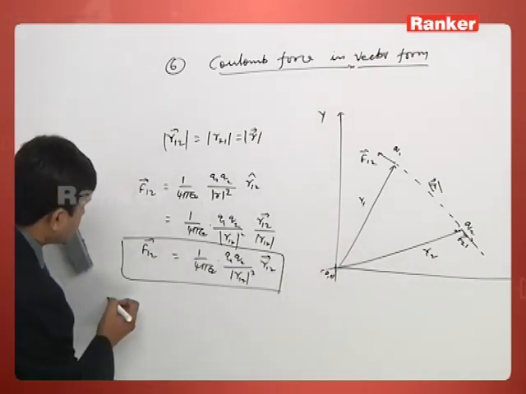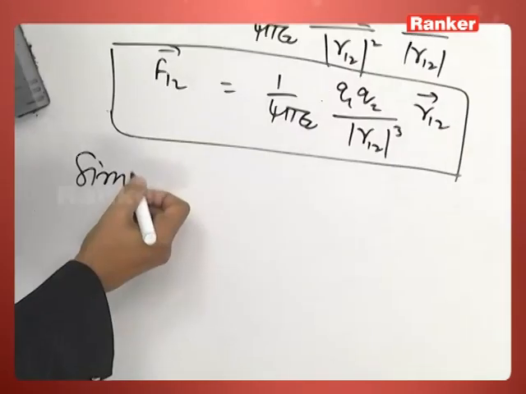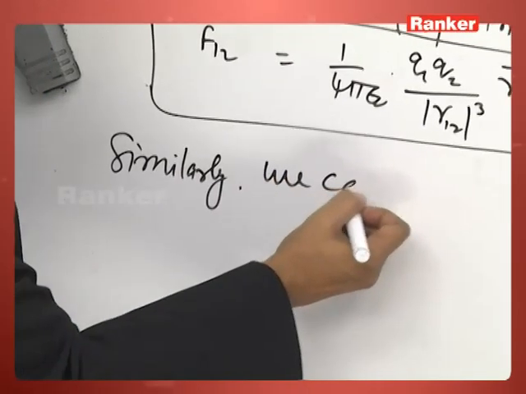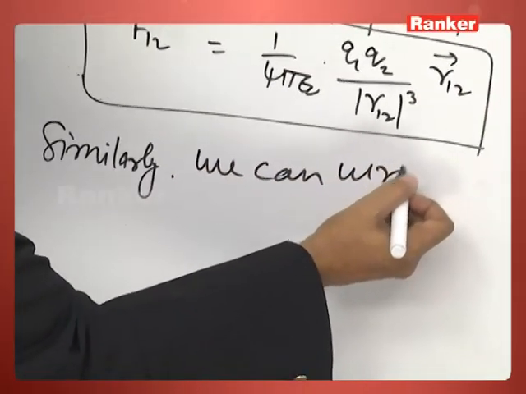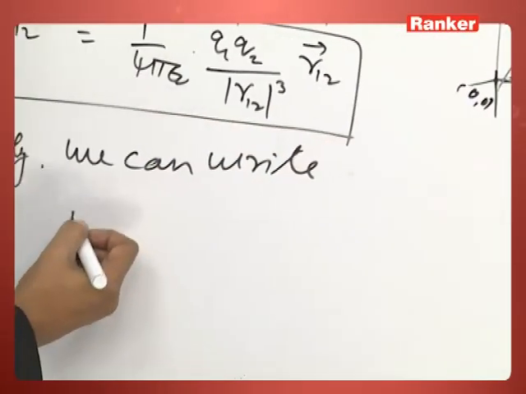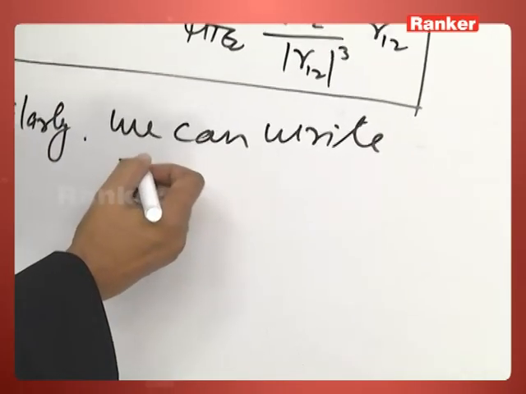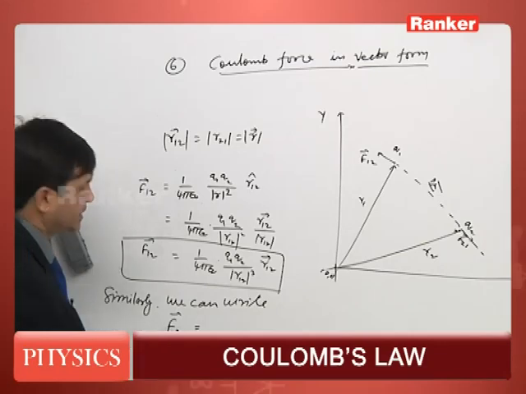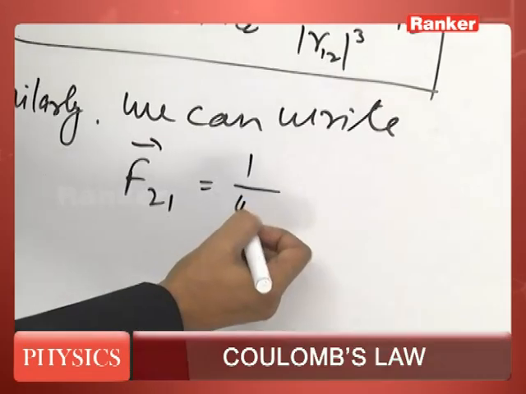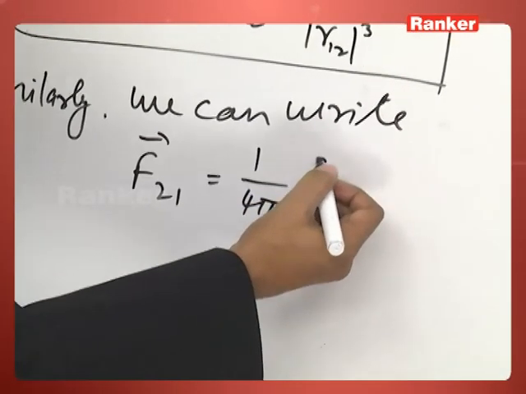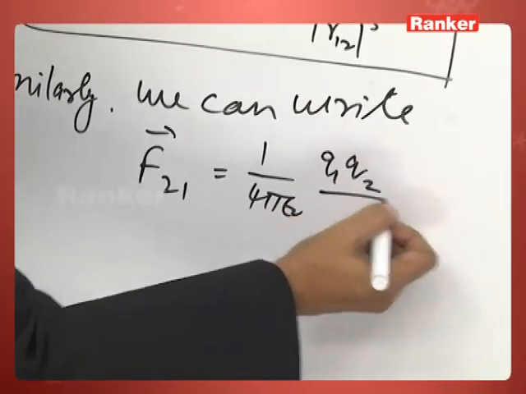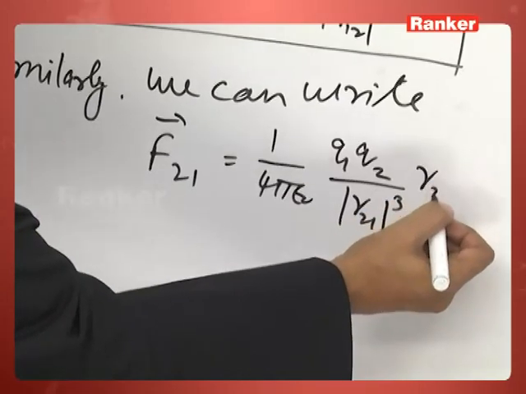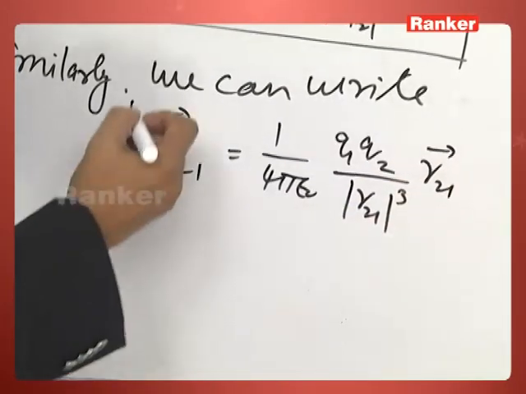Similarly, we can write the force on charge 2 due to 1 as 1 by 4 pi epsilon naught Q1 Q2 by R21 whole cube, R21 vector.